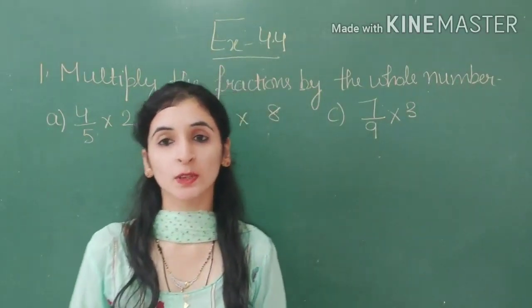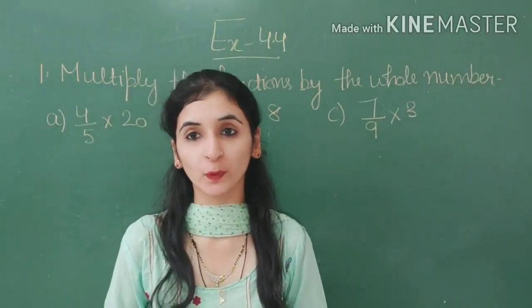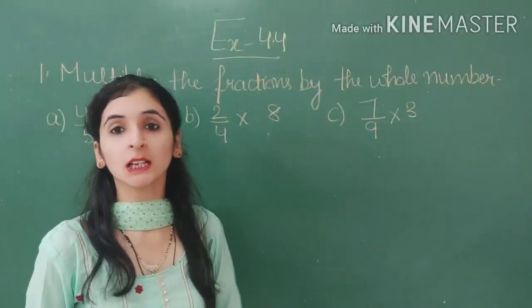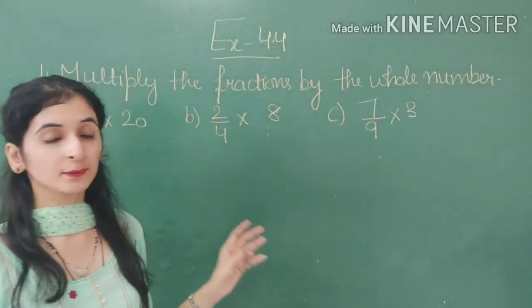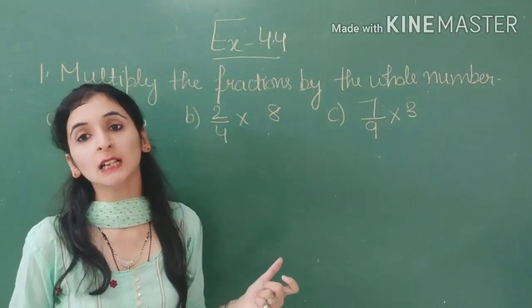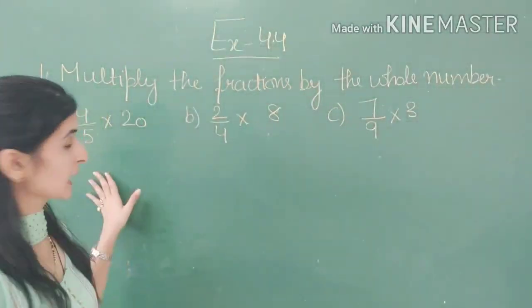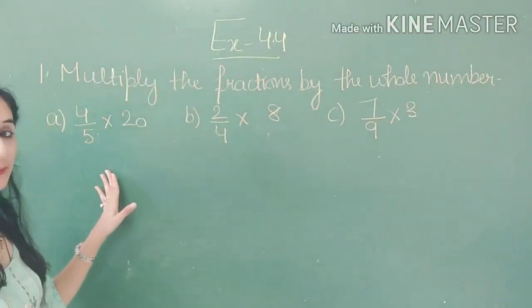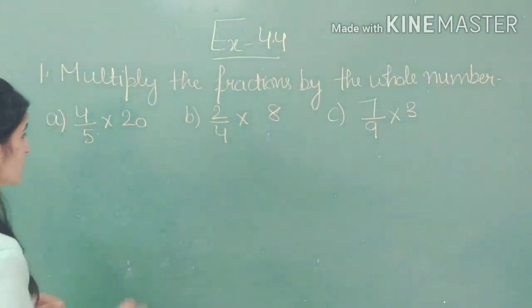The first question of exercise 4.4 is multiply the fractions by the whole number. Here we have to do the multiplication of a fraction with the whole number. So A part is 4 by 5 multiplied by 20.